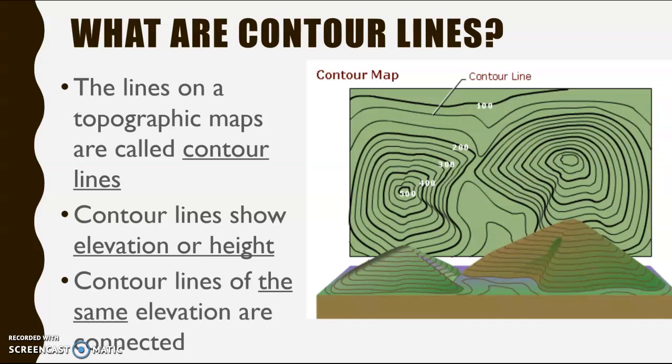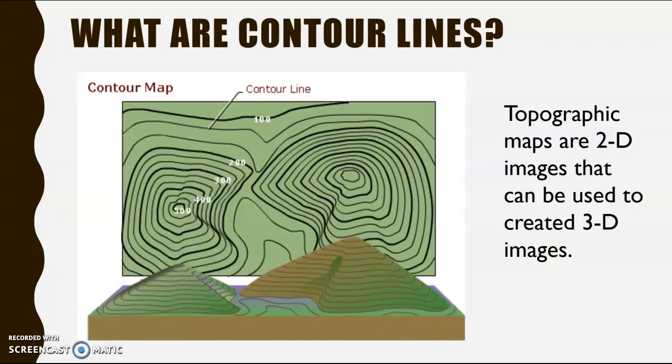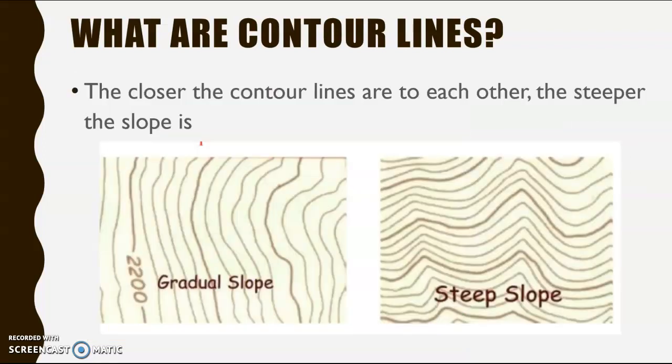Contour lines of the same elevation are connected. Topographic maps are 2D images that can be used to create a 3D image. So you should be able to create a 3D image from a 2D image of a topographic map.